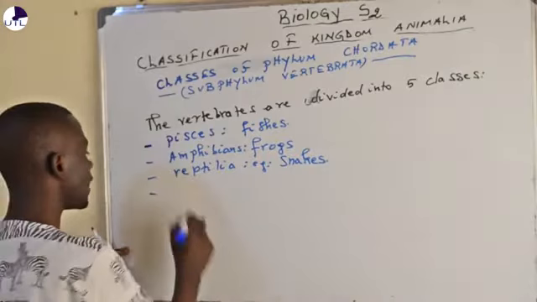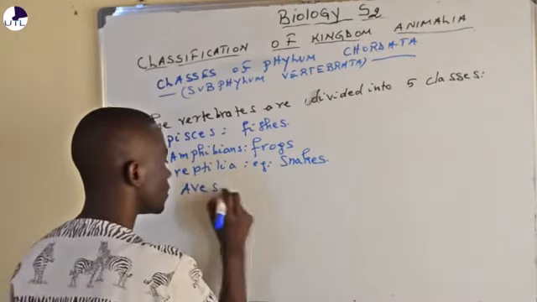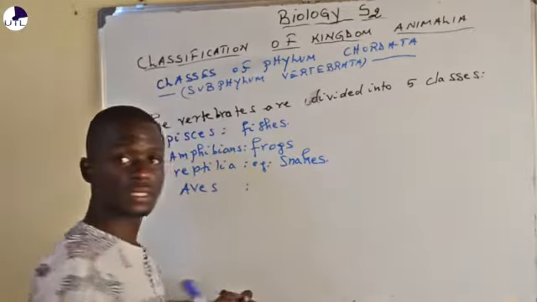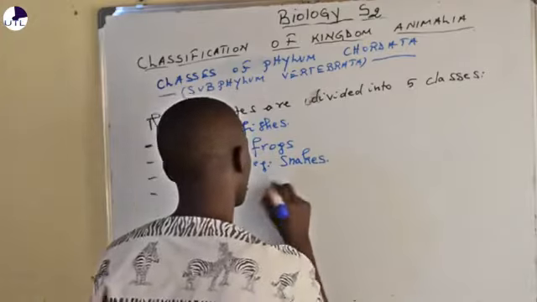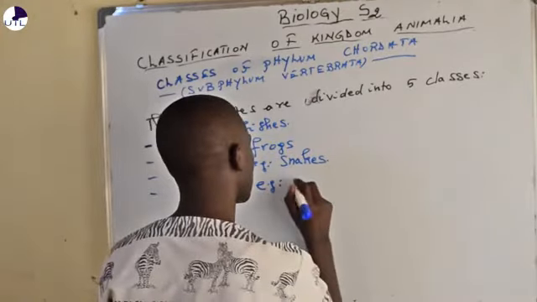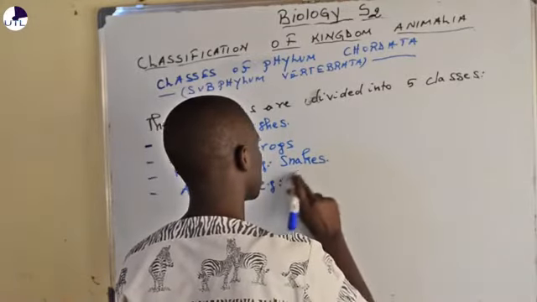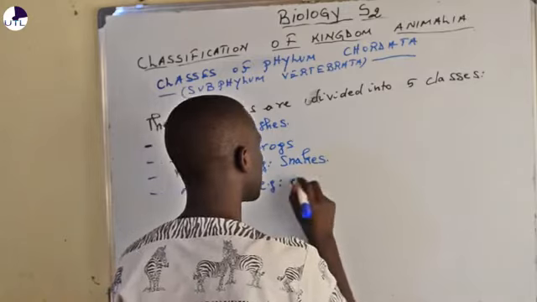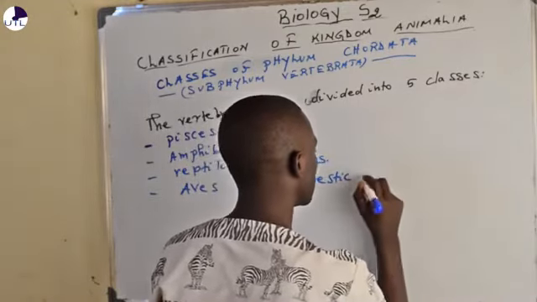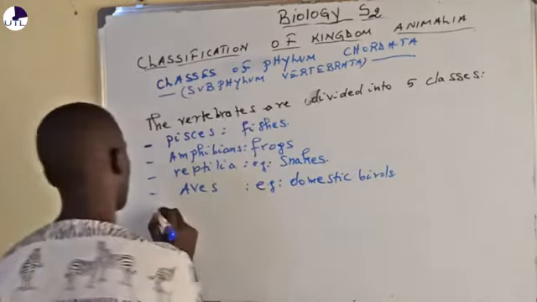We have the 4th class, which is Aves. These are birds, examples like domestic birds, okay?